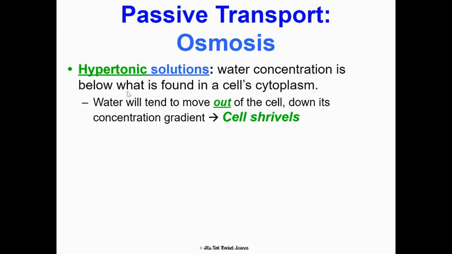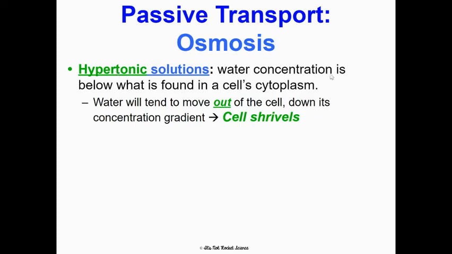And so the water will tend to move out of the cell because the cell is hypertonic compared to the solution. Think about hypertonic like hyperactive. When you're hyperactive, you have too much energy. That means the cell has too much water compared to what's outside of it.